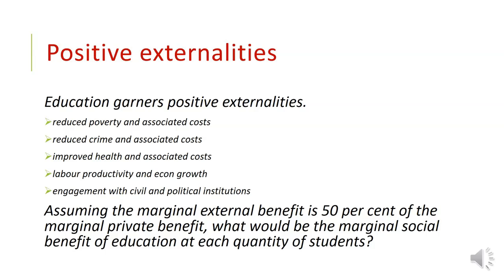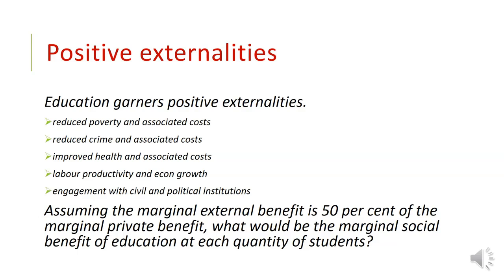Okay, and then of course increased education tends to result in a greater engagement with civil and political institutions in the society, within the boundaries of the laws of the society. That is, you get more engaged citizens, basically, with higher education.